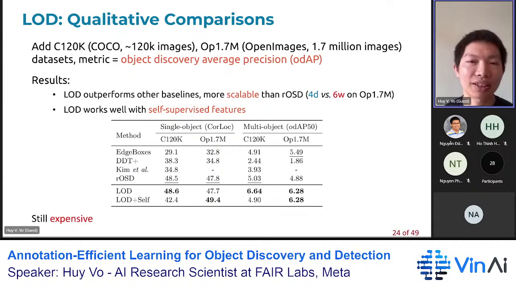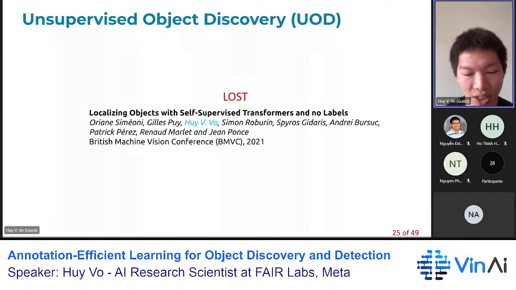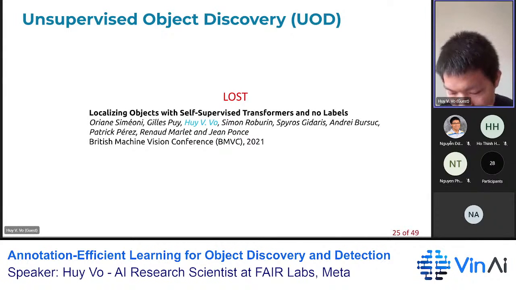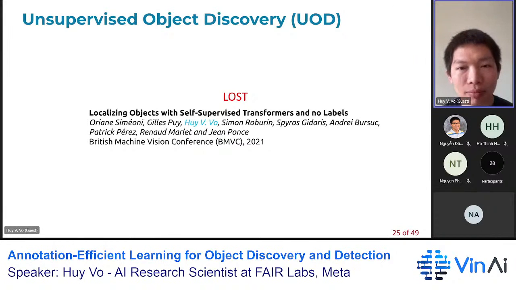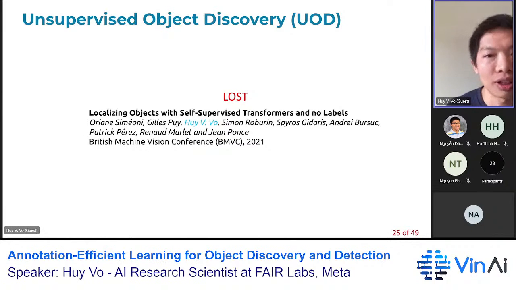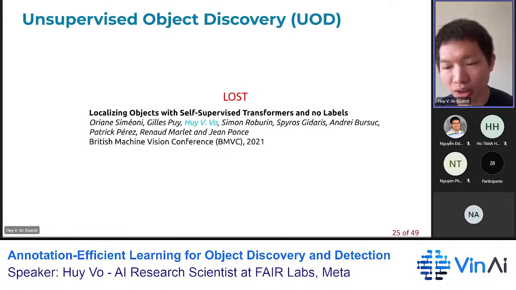So in the next work, LOST, I will show that by using the power of self-supervised features, we can find object location without the need to explicitly define what objects are. This work was published at BMVC 2021.